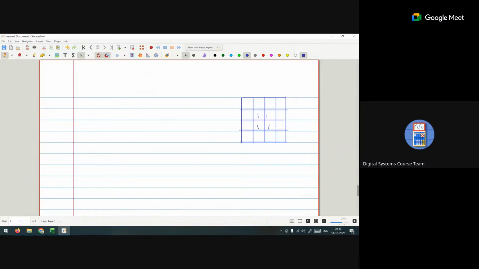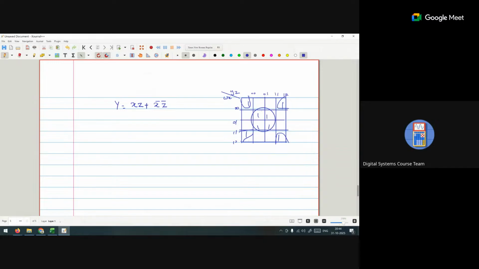So Y is a group of these four, so it is XZ, and the group of these four corners is X bar Z bar.